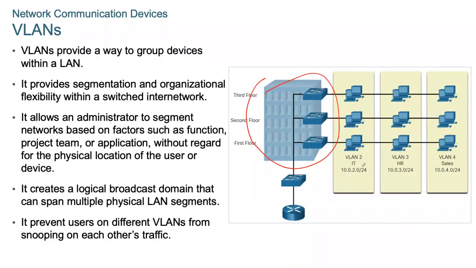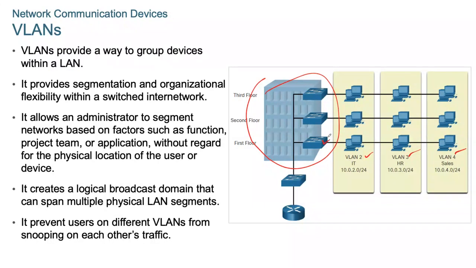So even if they share this common infrastructure with the other virtual LANs like virtual LAN 3, 4, this virtual LAN 2 group of devices thinks that they have their own separate network. So any switch port can belong to this virtual LAN.